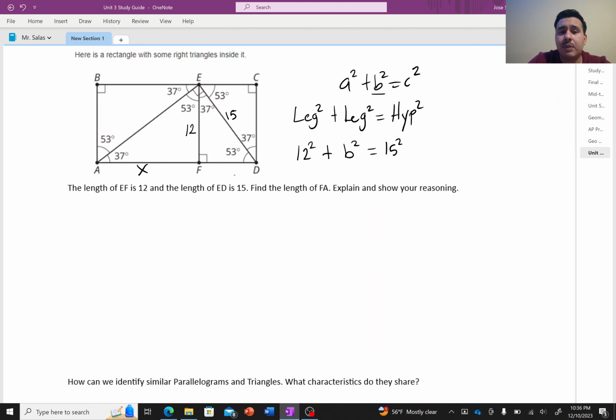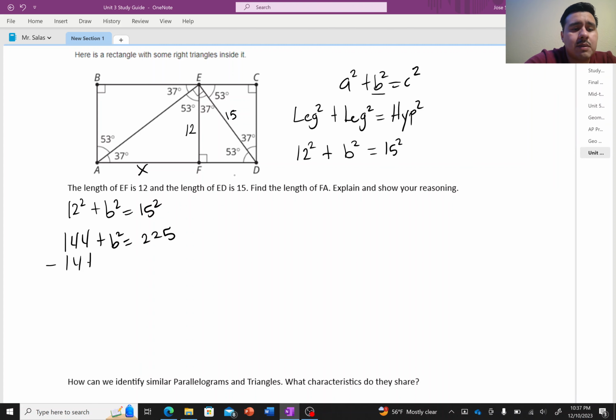If I evaluate my exponents first, I'll get 144 plus b squared is equal to 225. I'm going to subtract 144 from both sides. The 144s cancel out.